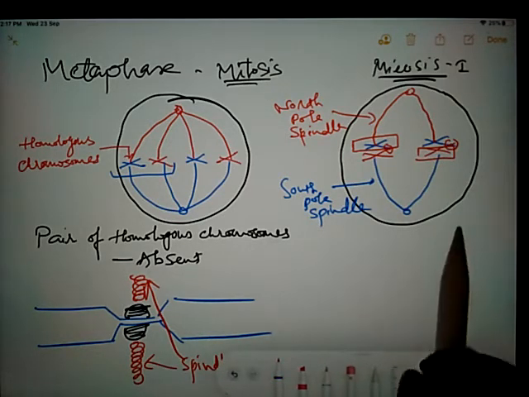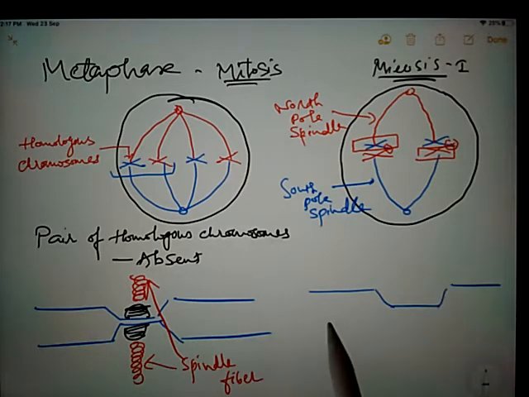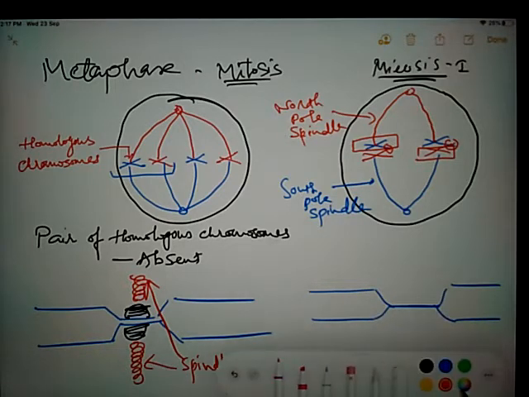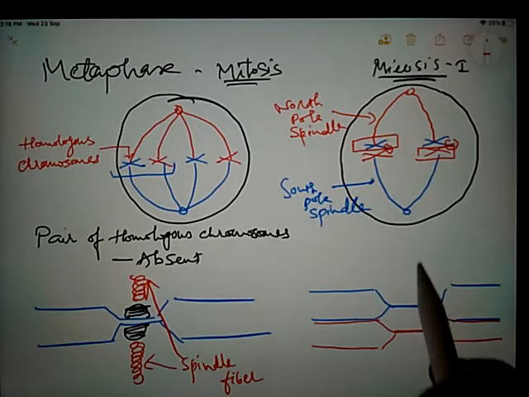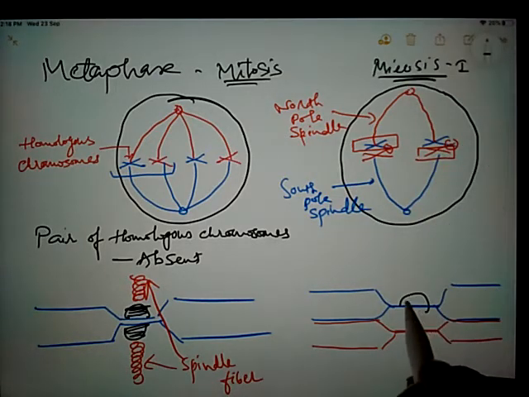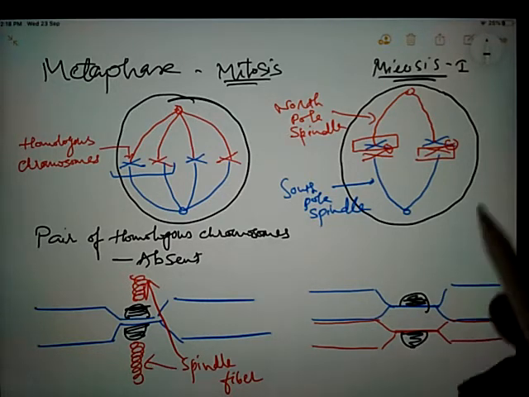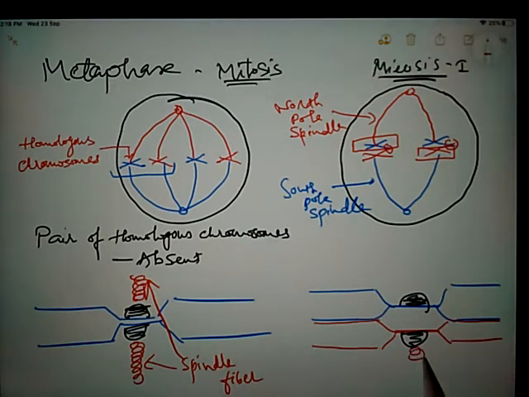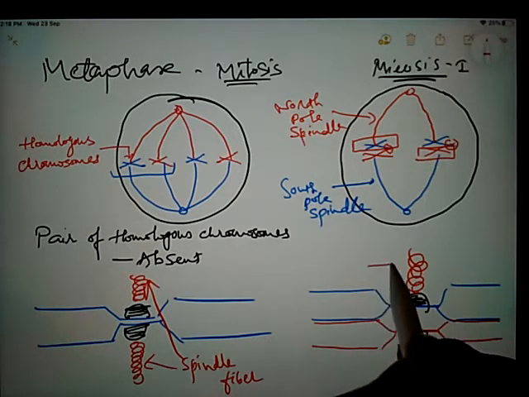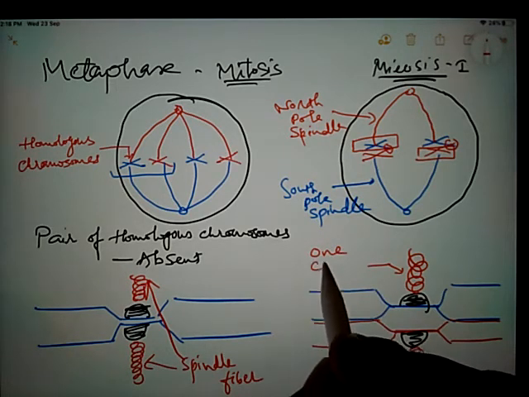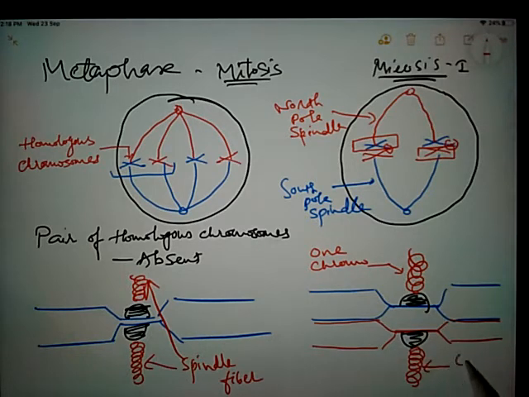So here, if I talk about the arrangement, they have a pair of homologous chromosomes, and that is why they are attached to a single spindle fiber, one chromosome and the other chromosome, each on one side.